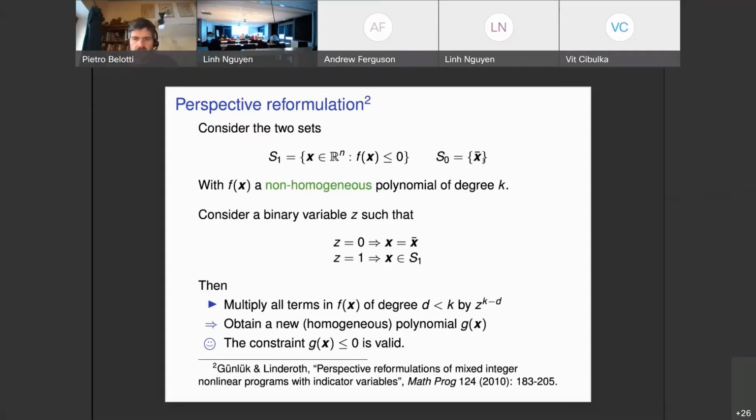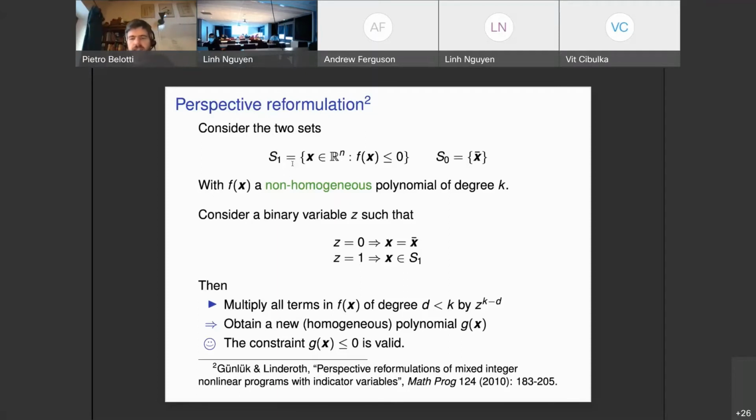And now the problem definition itself tells us that there is a binary variable z such that if z is equal to 0, then the model enforces that x must be equal to x bar. And instead, if z is 1, then x can roam around in S1. So it's no longer strictly fixed to x bar.